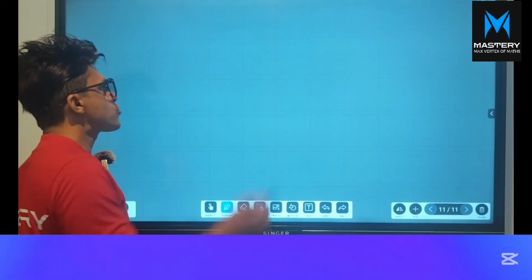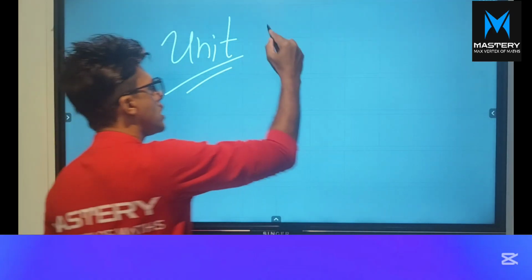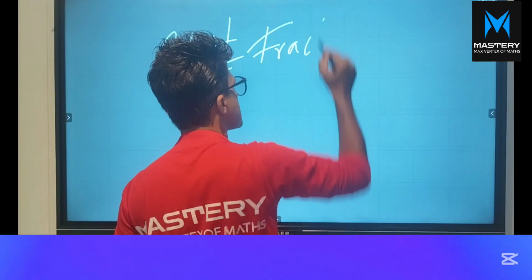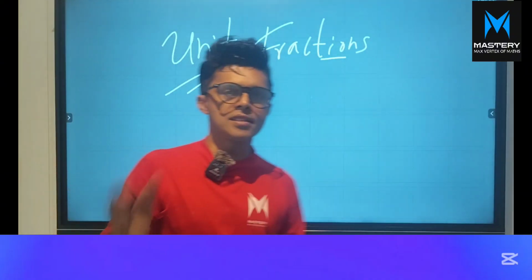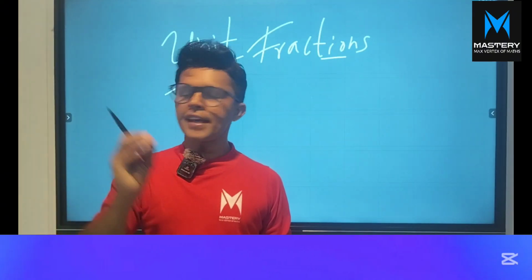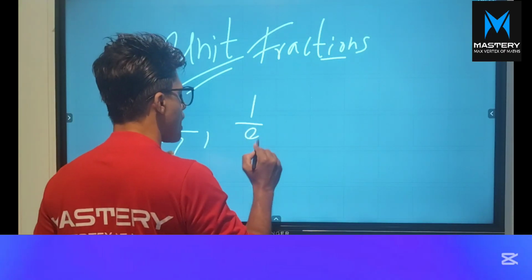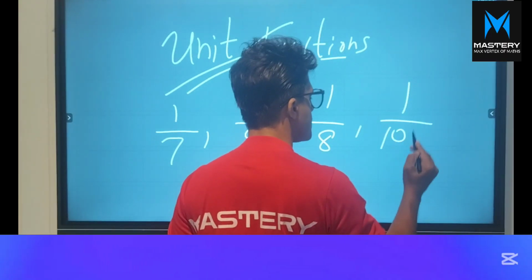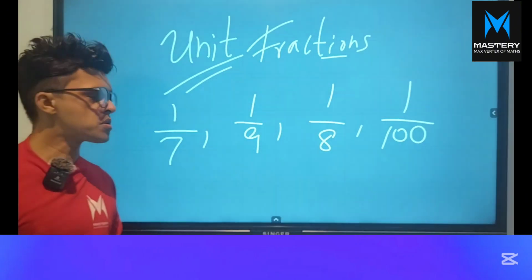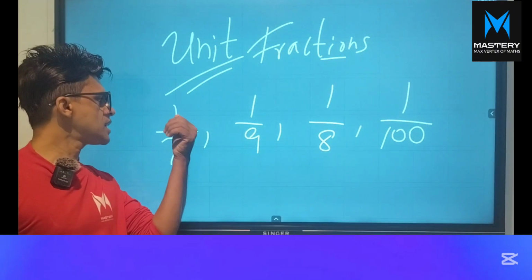So next one, unit fractions. What are unit fractions really? Already you know the denominator and the numerator. When it comes to these fractions, 1 over 7, 1 over 9, 1 over 8, 1 over 100, you would see that the numerator is every time 1.